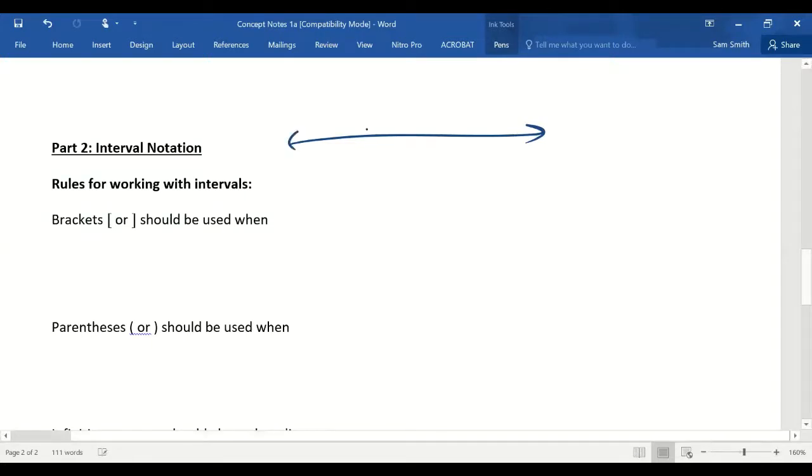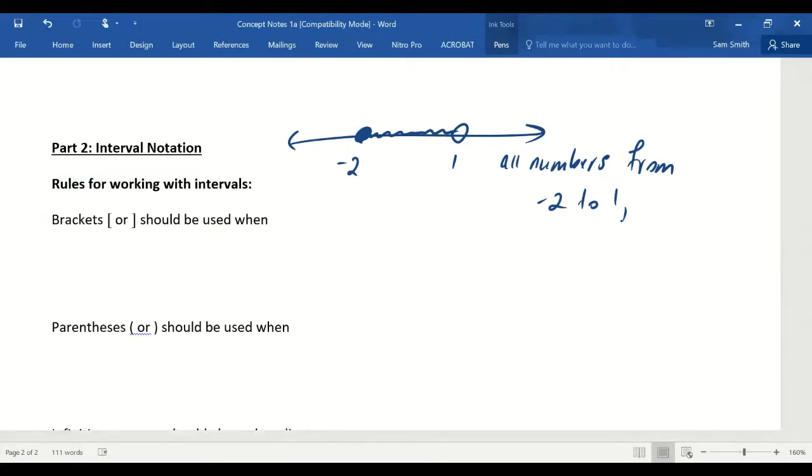So say, for example, that my goal was to represent all the numbers from -2 up to +1. I want to represent all numbers from -2 to +1. So something like 0 would be in here. Something like 1/2 would be in here.